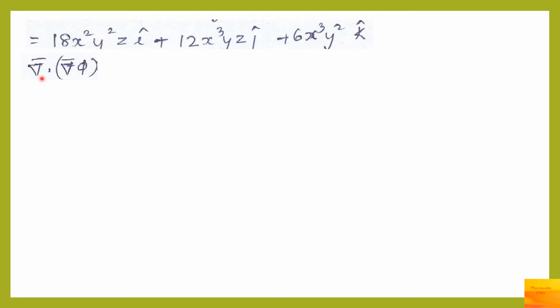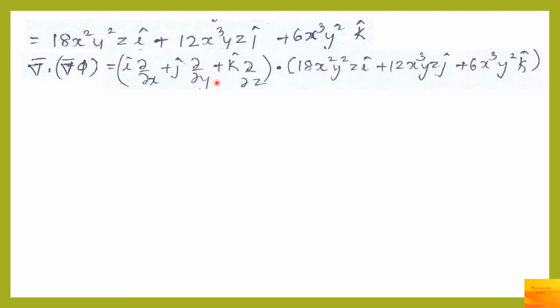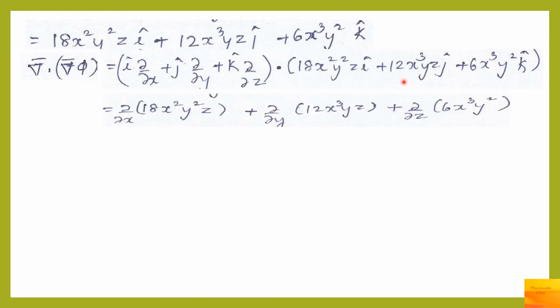Now we will find del dot del phi, that is divergence of this equation, that is substituted here. You can see del operator and this equation is substituted here. And now we will differentiate the first term with respect to x, second term with respect to y and third term with respect to z.